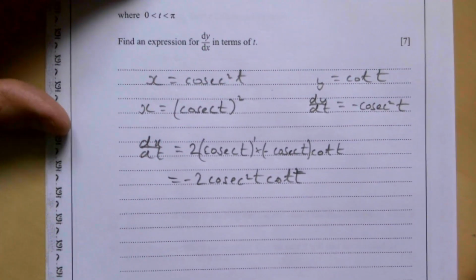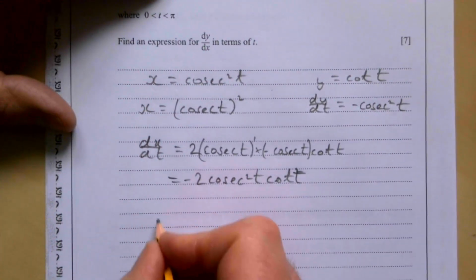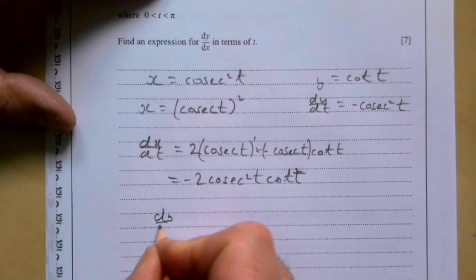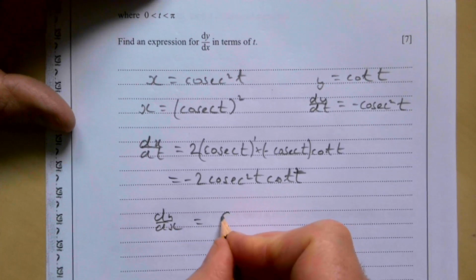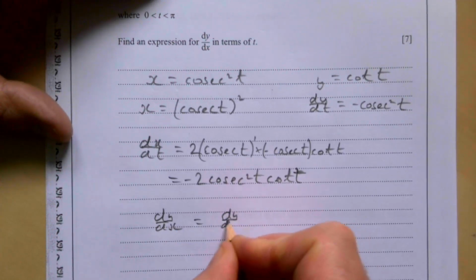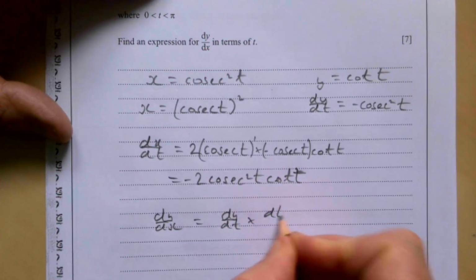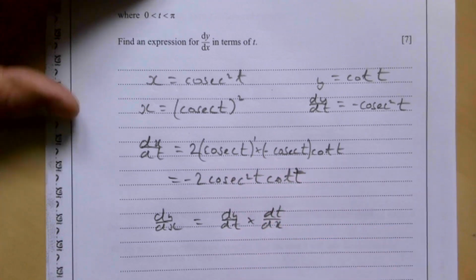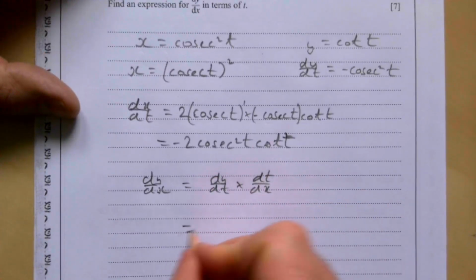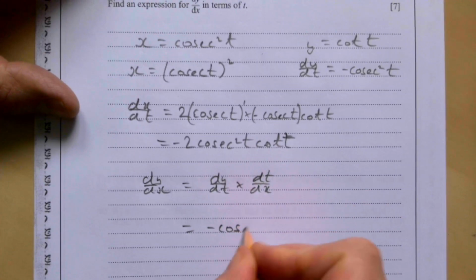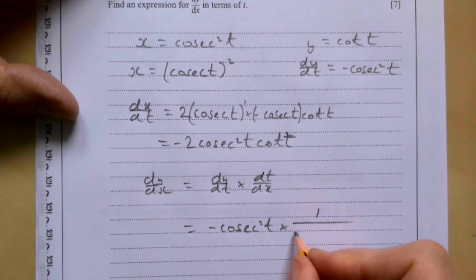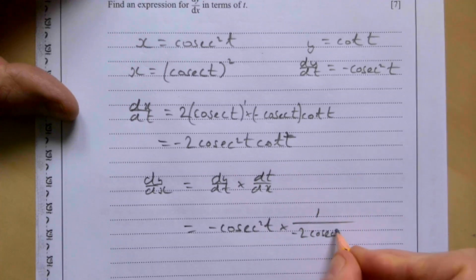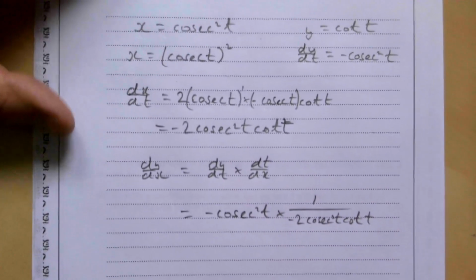And we have that, and we want of course dy by dx. So that's going to be dy by dt multiplied by dt by dx, so it's going to give us minus cosec squared t multiplied by 1 over minus 2 cosec squared t cot t.